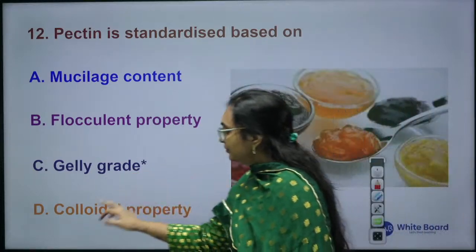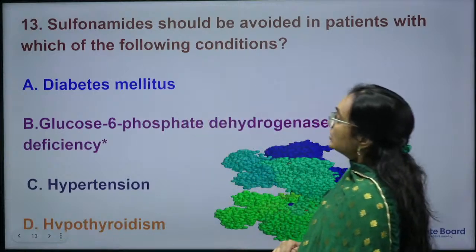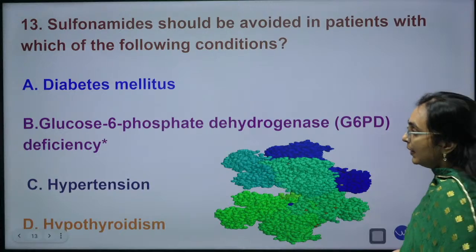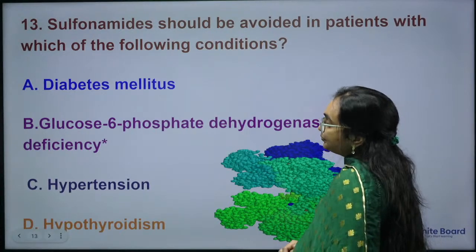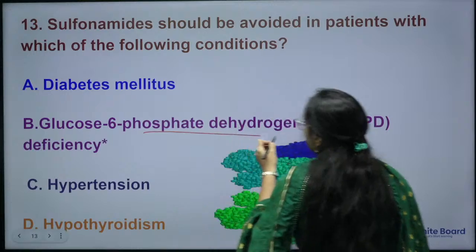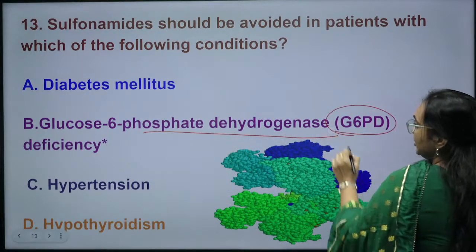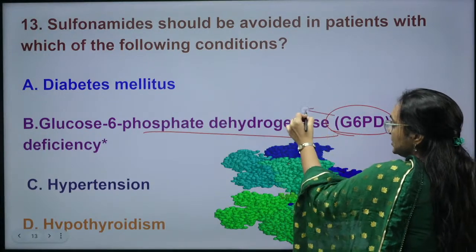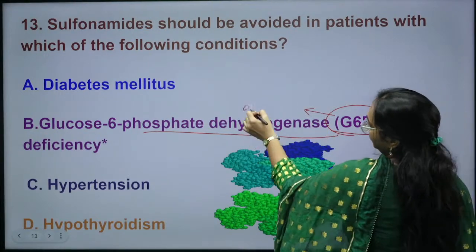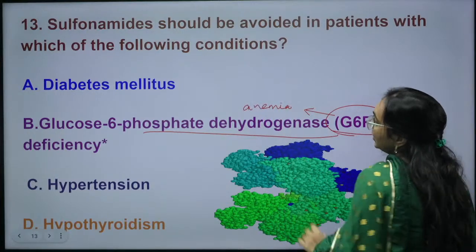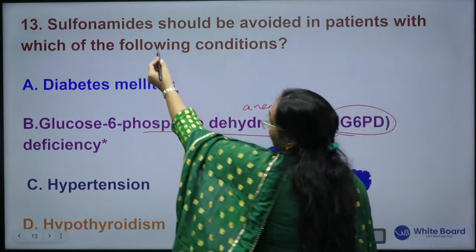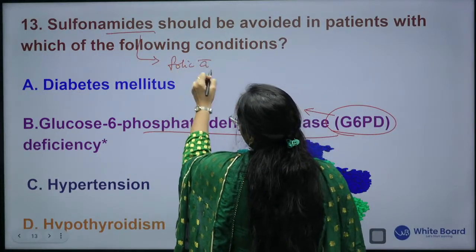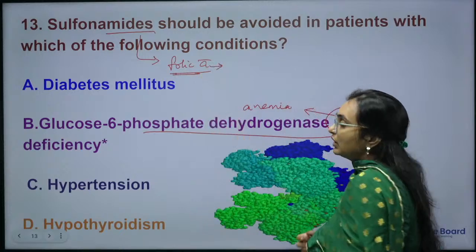Next question. Sulphonamides should be avoided in patients with the following conditions. So here the answer is glucose 6-phosphate dehydrogenase, G6PD enzyme deficiency. G6PD deficiency in a person causes anemia. The mechanism of action of sulfonamides is on folic acid synthesis, that means it inhibits folic acid synthesis.